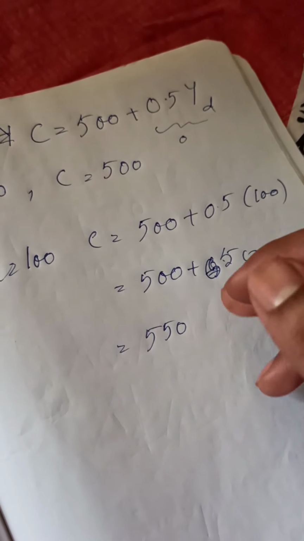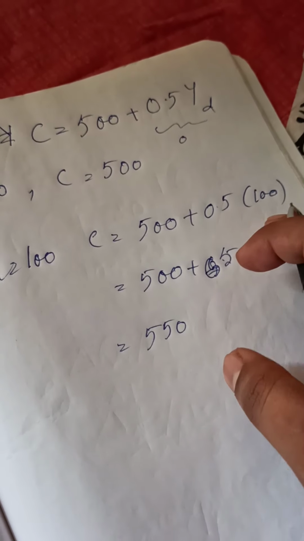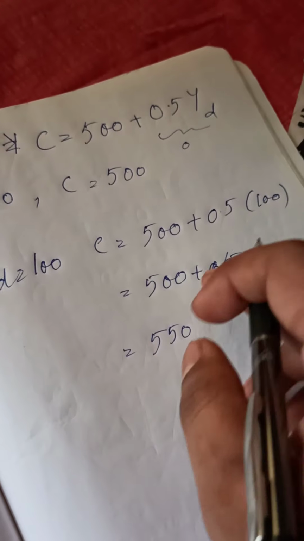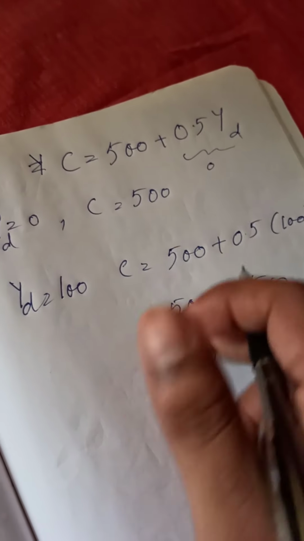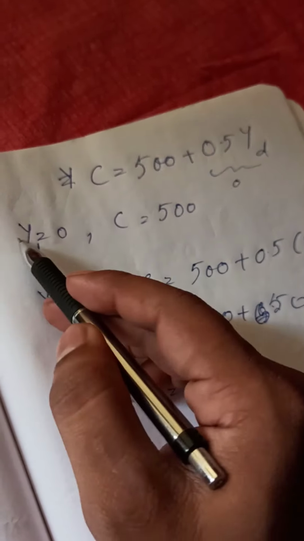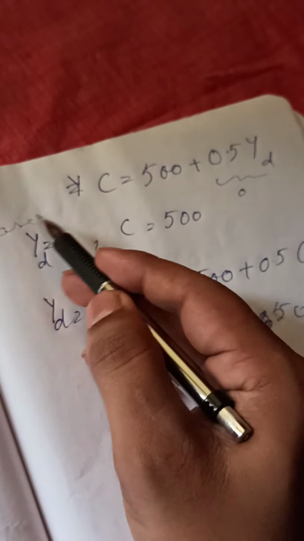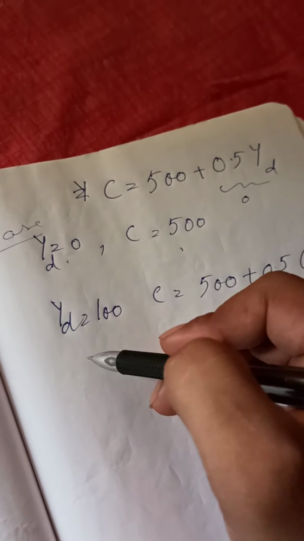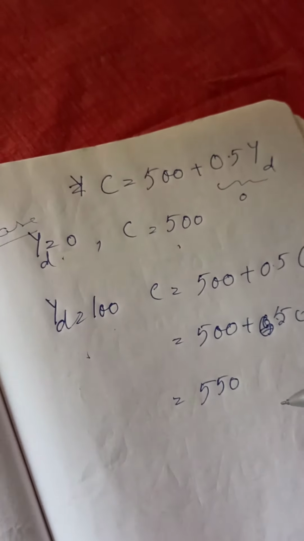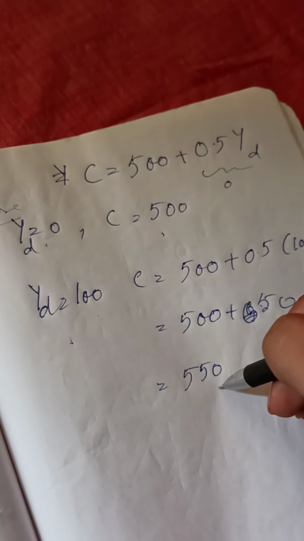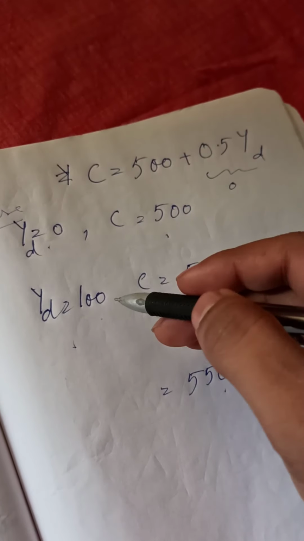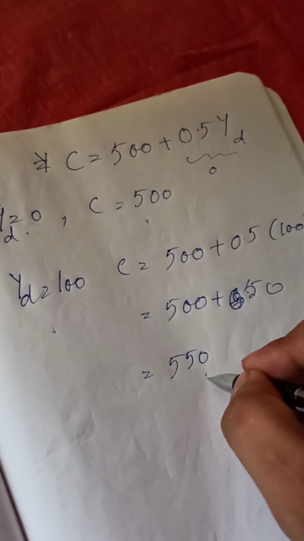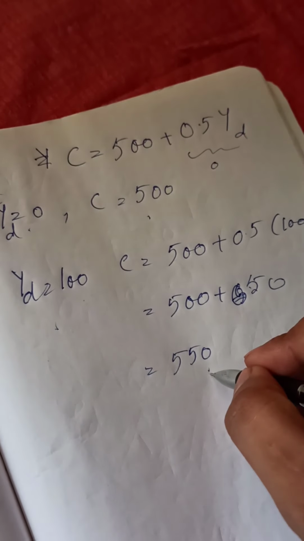Okay, so this equation is showing that if your income increases by 100 rupees, your consumption will change by 50. See, in case 1, your income was 0, so you were consuming 500. Now your income has increased by 100 rupees, and now you are consuming 550. So with an increase of 100 rupees of income, your consumption has changed by 50 rupees. Okay, I hope this is clear.